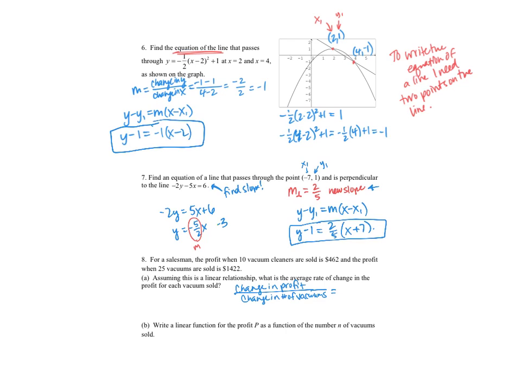As I sell more vacuums, my profit goes up, so I should expect a positive rate of change here. So we'll do 1,422 minus 462 over 25 minus 10. If I do that, I get 64. And the units of that are dollars per vacuum.